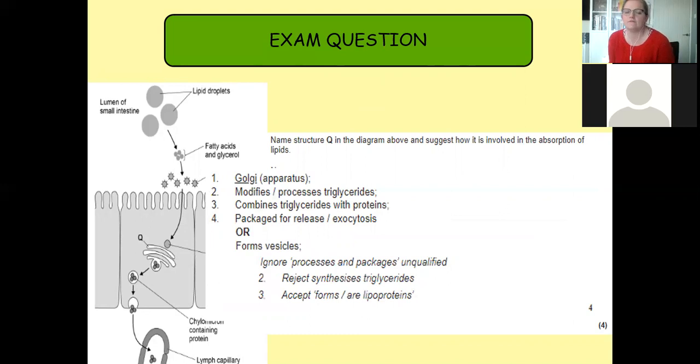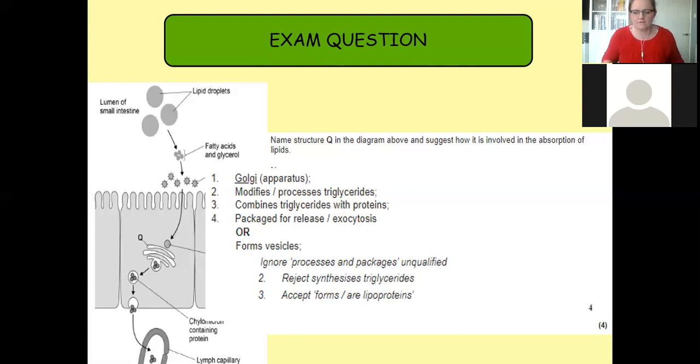You can't say synthesized triglycerides, and this is quite important because they're not making triglycerides, and it's really fine detail. The mitochondria is a site of ATP synthesis, the site of respiration, and ATP is synthesized there. We're just reforming and processing triglycerides in the Golgi.